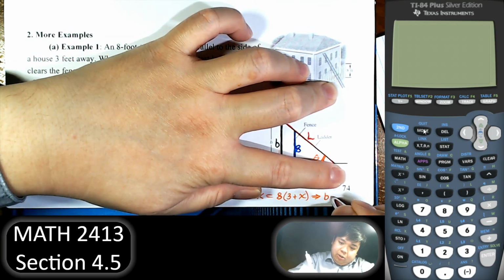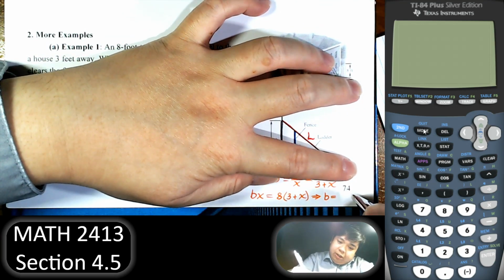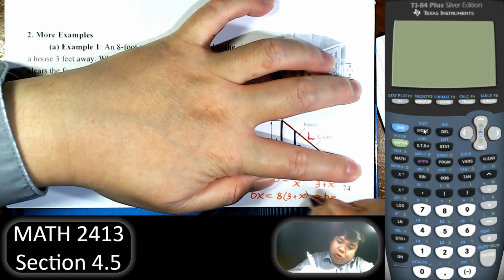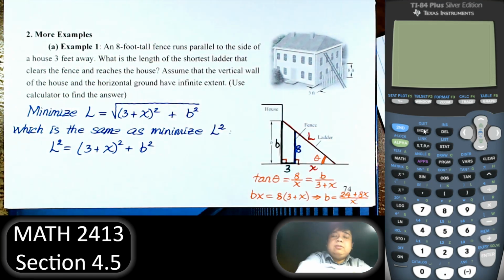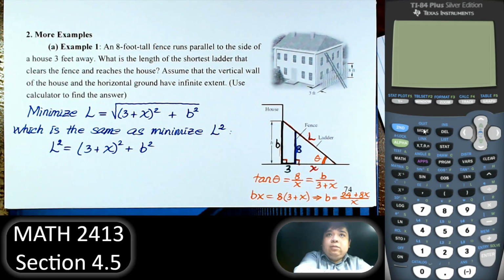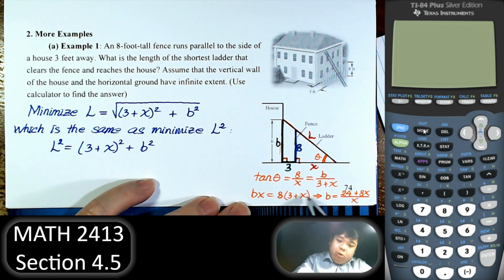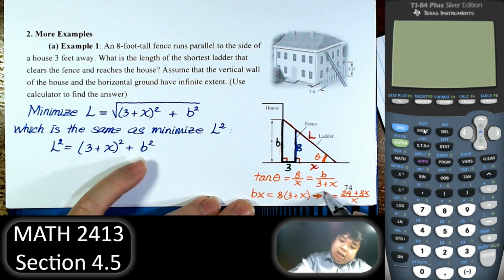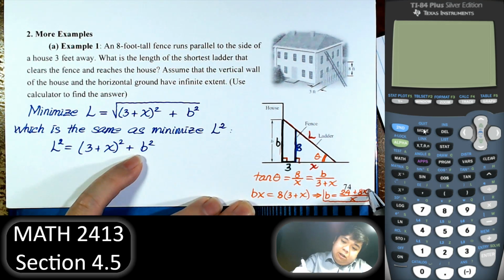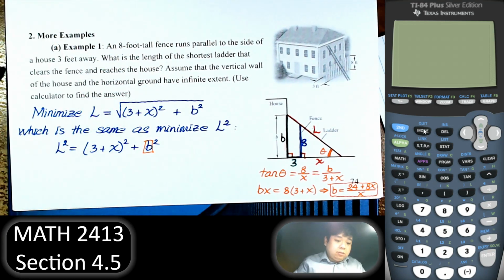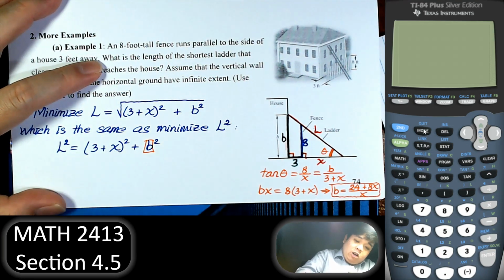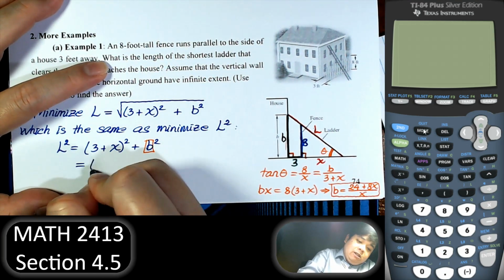So b is equal to, let's multiply this out, (24 plus 8x) over x. That gives us b, which we'll substitute into here. So we found the function to be minimized.